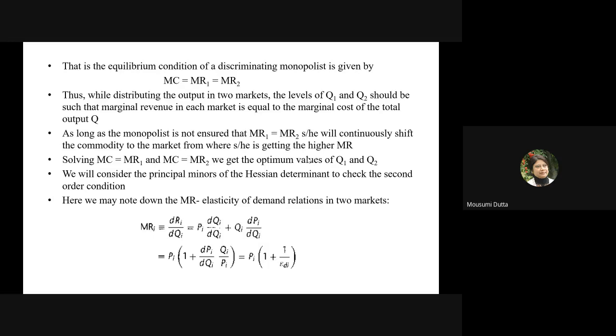And MR2 is equal to P2 into (1 plus 1 by E2). So first you write this down. Then we have to find out MR1 and MR2.